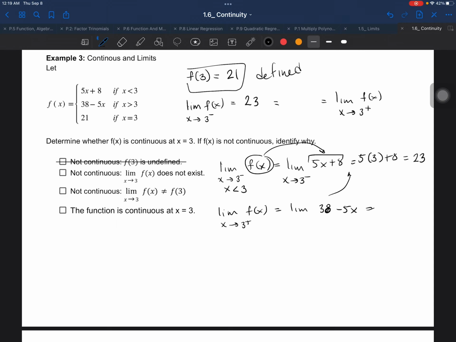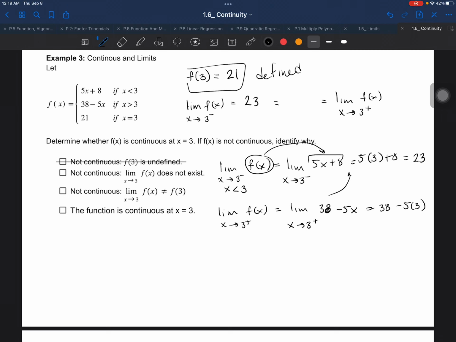Now we can do the direct substitution of this limit, and that will give us 38 minus 5 times 3. So that's 38 minus 15.